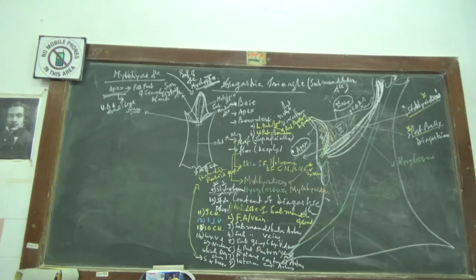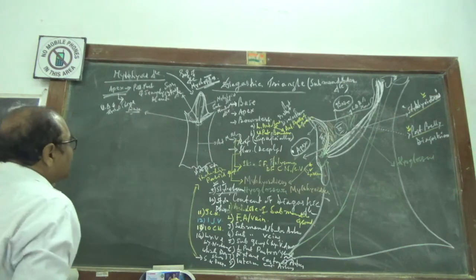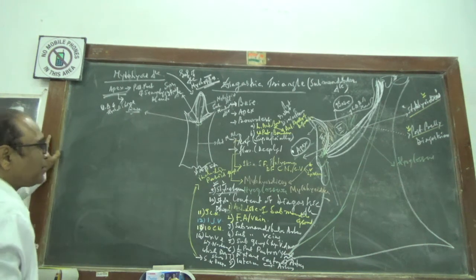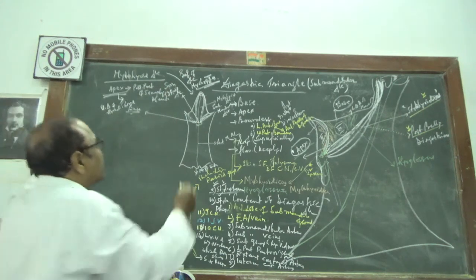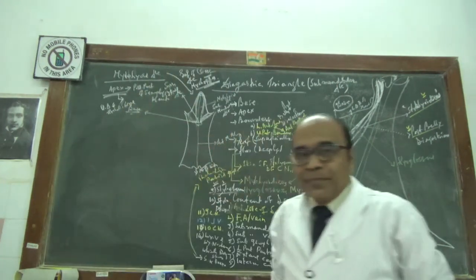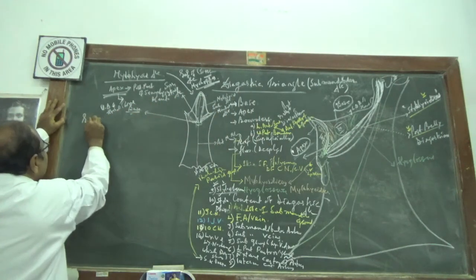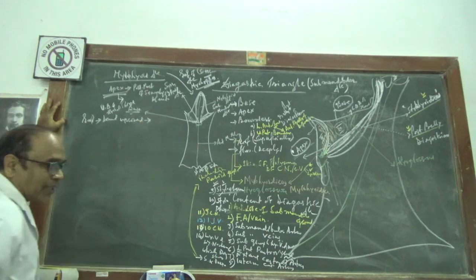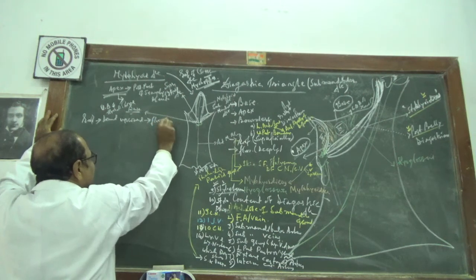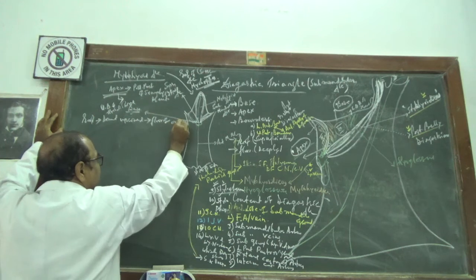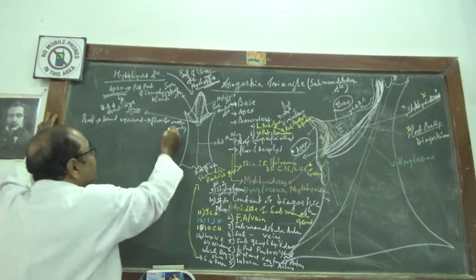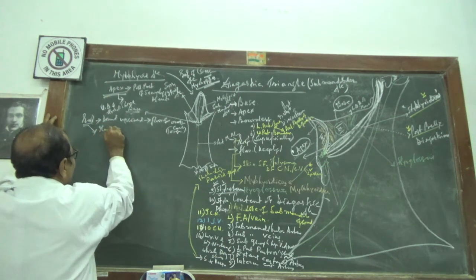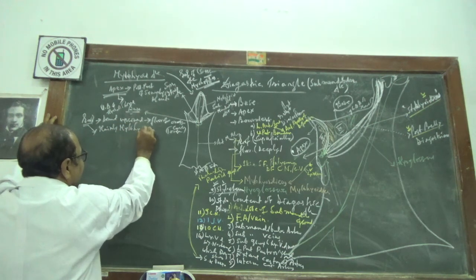Now the question comes, roof and floor. When you take the roof, it is superiorly, mainly formed by the mylohyoideus muscle.